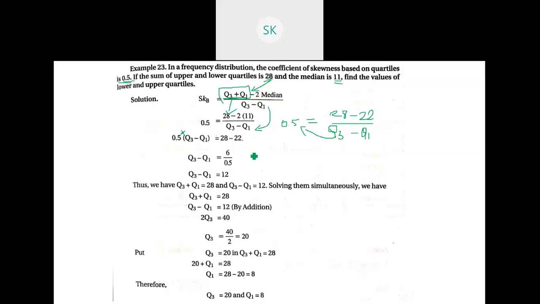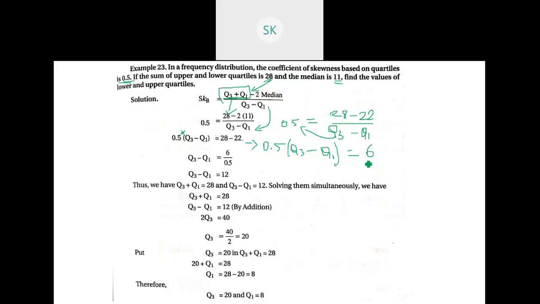Now, next step. 0.5 into Q3 minus Q1 is equal to 28 minus 22, which is 6. Now after this step, I'm just simplifying it for you. 0.5 into Q3 minus Q1 is 6.